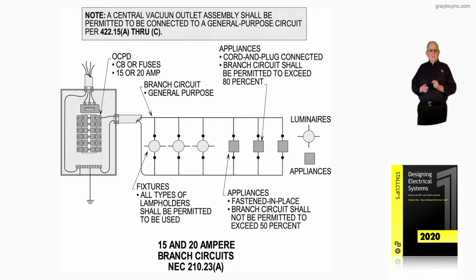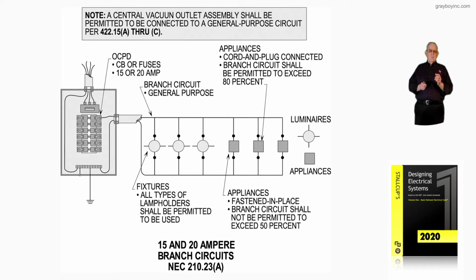So a 15 or 20 amp overcurrent device, as you see, can supply lighting, receptacles, and appliances. But where we do have appliances, you have a 50% loading of the circuit. So a 20 amp circuit at 50%, you're allowed 10 amps of that circuit for appliances.